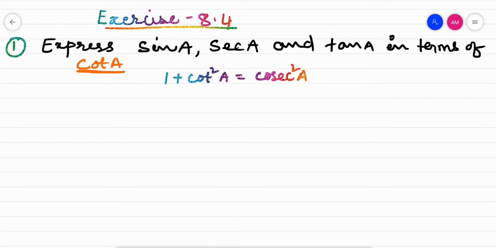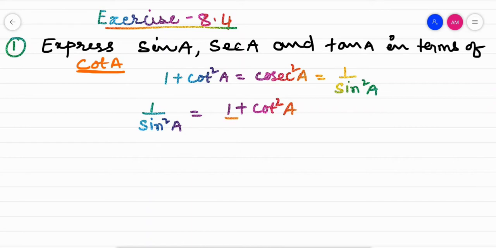So this is equal to 1 by sine square A. That shows that 1 by sine square A is equal to 1 plus cot square A. That means if you reciprocate this, you can reciprocate this one also. This implies sine square A by 1 will be equal to 1 by 1 plus cot square A.